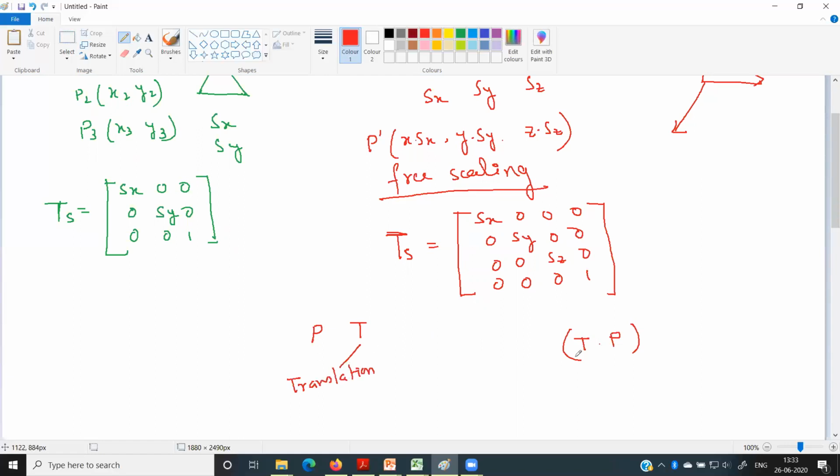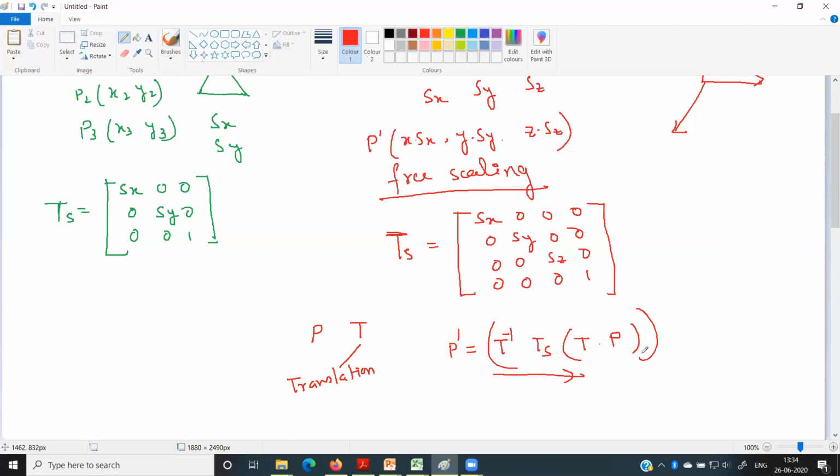I first have to multiply the point P with T, so that I can translate the fixed point along with all the other points of the object to the origin by the same units. After performing the translation, we multiply this with the scaling, that means TS, and then I have to do the reverse translation, so that I will finally get P dashed. This is the entire operation, but the multiplication should be done from this to this. That means this one will be multiplied by this one first, then this one, and then this one.